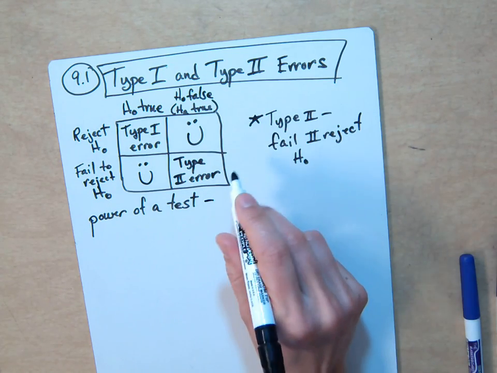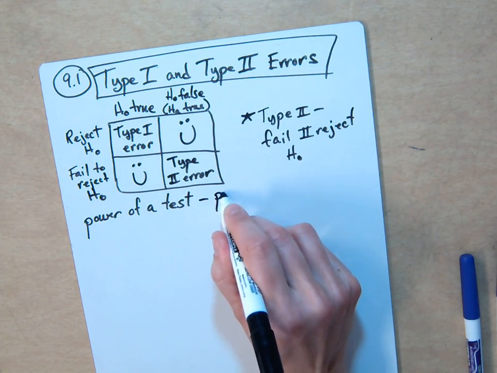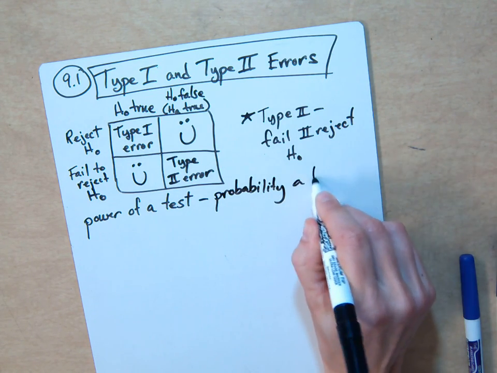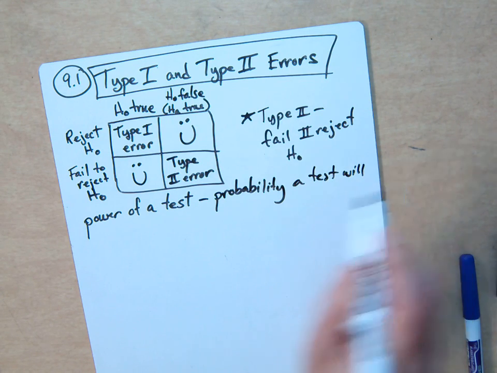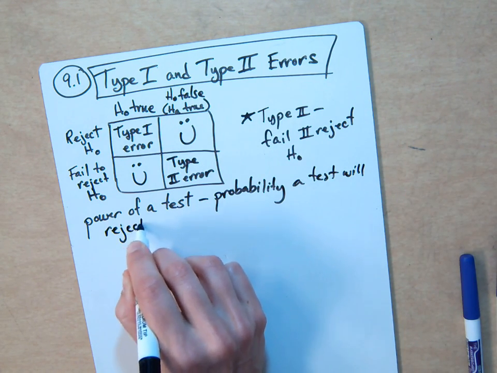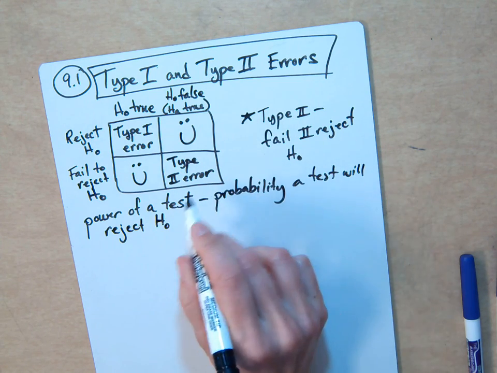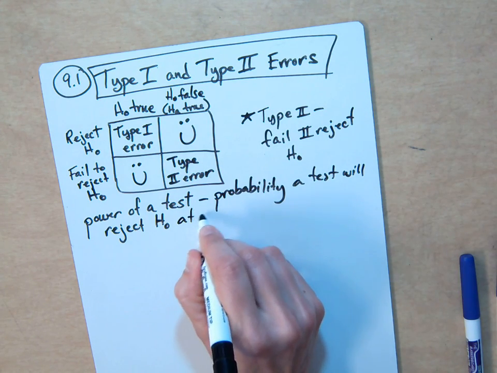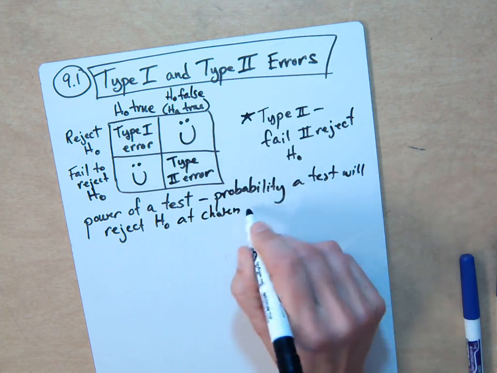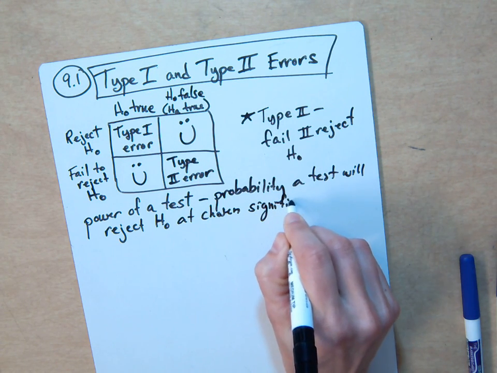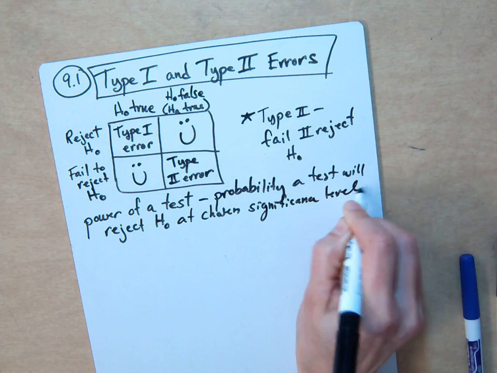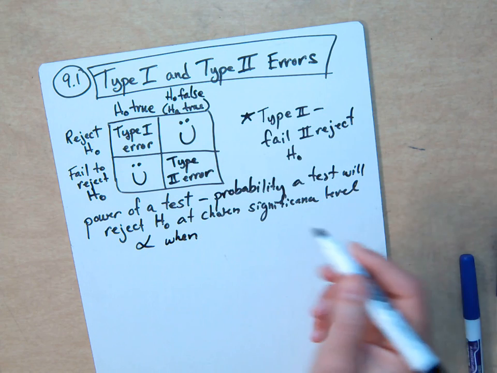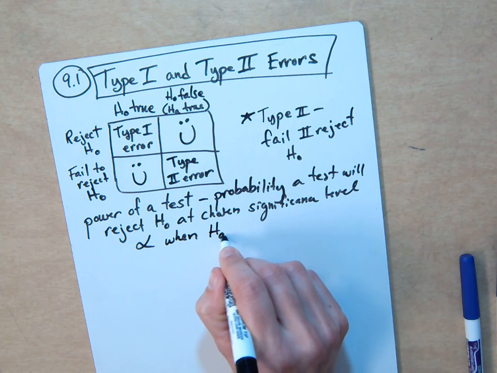So the power of a test is defined as the probability a test will reject H naught, of course at your chosen significance level, alpha. And that's, of course, you don't want to make an error. That's when H sub A is true, which is what you want.